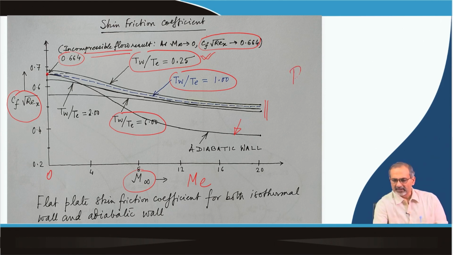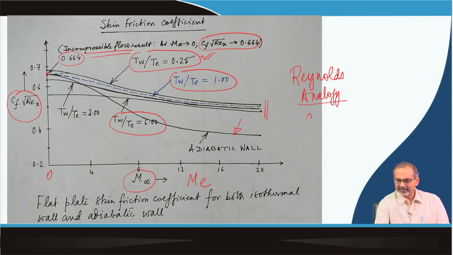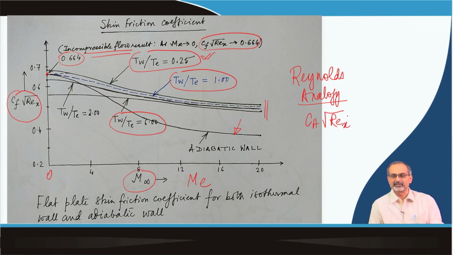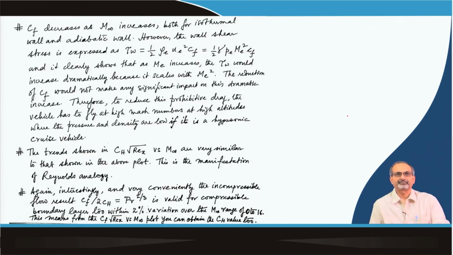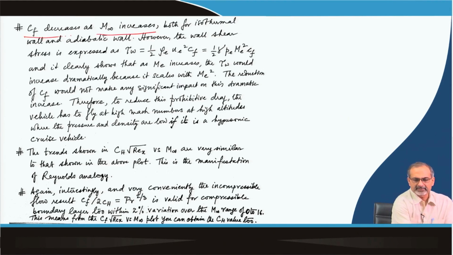Again, remember that we talked about Reynolds analogy, and from that we can infer that the Ch root Rex distribution would be somewhat analogous to this. Cf decreases as m infinity increases, both for isothermal and adiabatic wall.